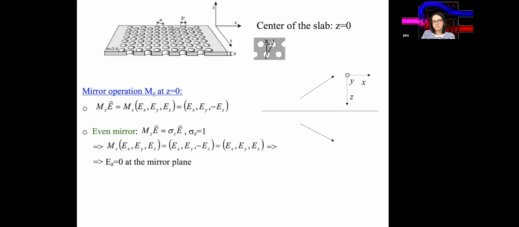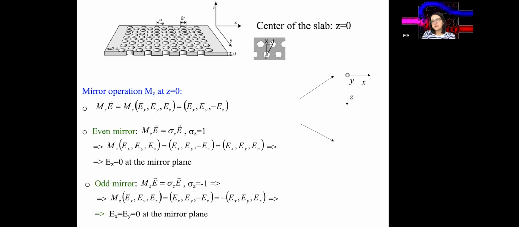And that's what even mirror symmetry means. And that's what our TE-like modes mean, right? They are vertically even, meaning that they are eigenvectors of the mirror operator with eigenvalue 1. So they have to have EZ equal to 0 at the mirror plane, meaning that at this plane, they only have EX and EY.